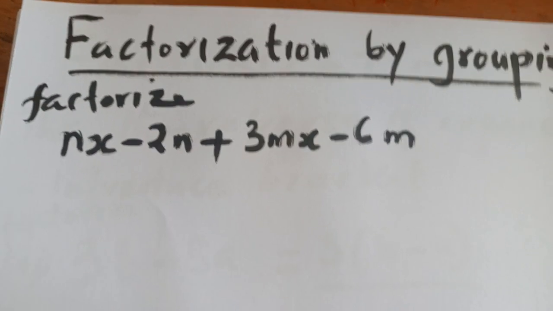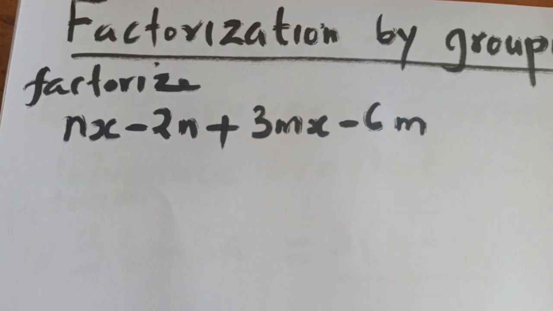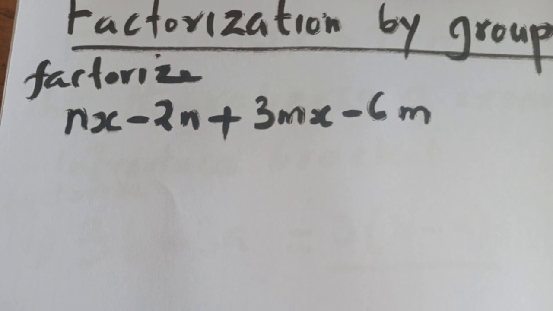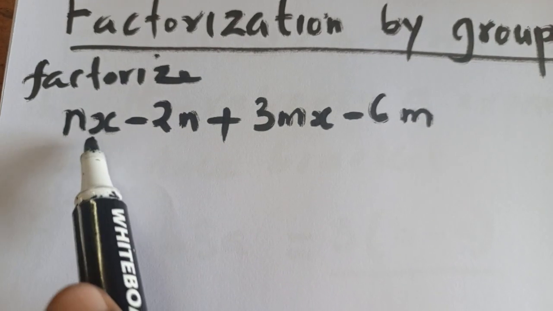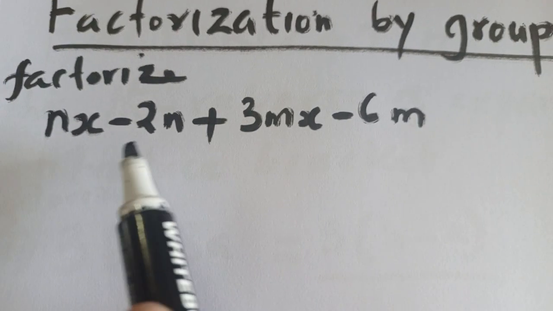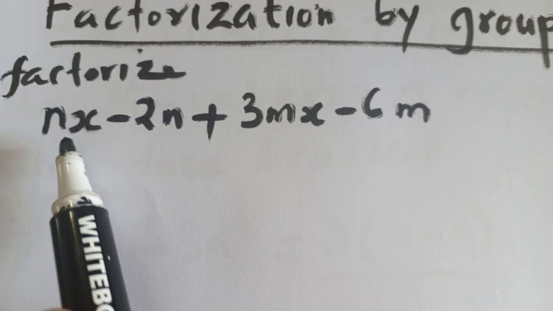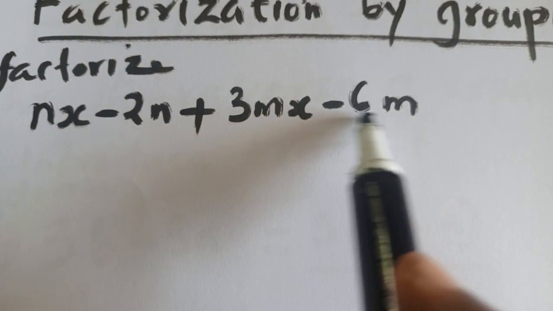Now, previously, we learned that for us to factorize, we need to get a common factor. Like in this case, we have four terms, and we are asked to get a common factor. There's no common factor for all these terms.